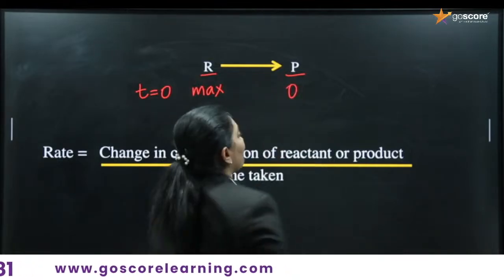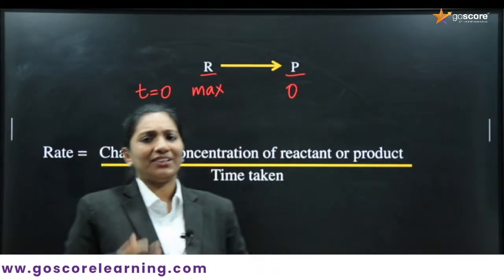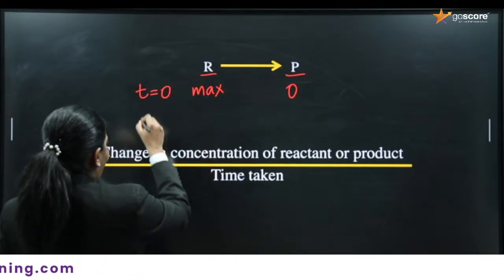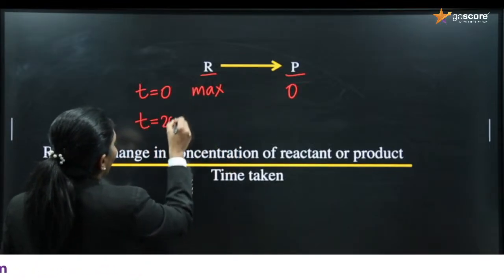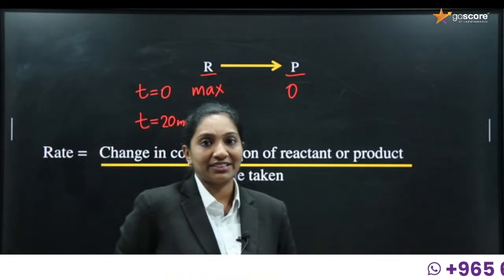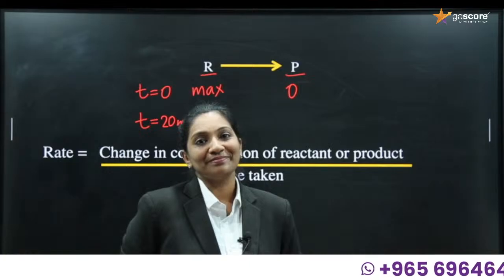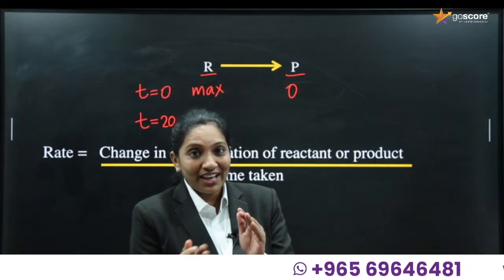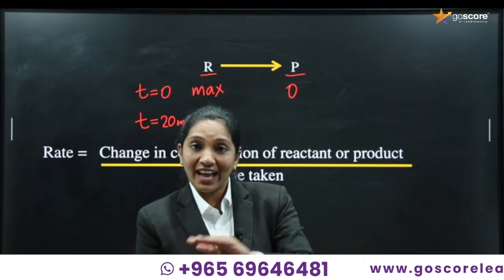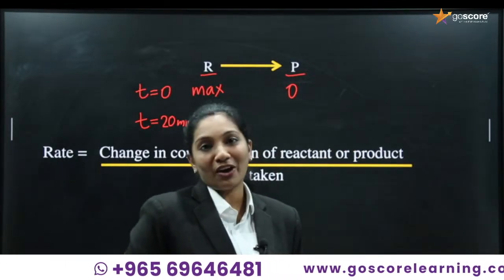That is at 0 time. Okay. Then after sometime, just after 20 minutes, if you check the concentration again, that is time is equal to 20 minutes, if you check the concentration of reactant, what you can see? Then the concentration of reactant will start to decrease. Why? Because this reactant is changing into product.